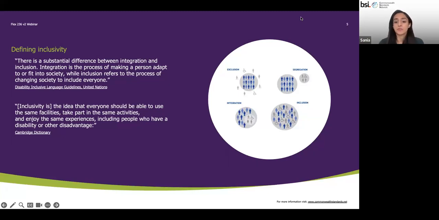Integration is having everyone within the same area, but again, a designated space for people that aren't necessarily part of the majority group and they have to adapt to get in. Whereas inclusion is everyone's included in the same space as they are, and that's the priority and the focus.